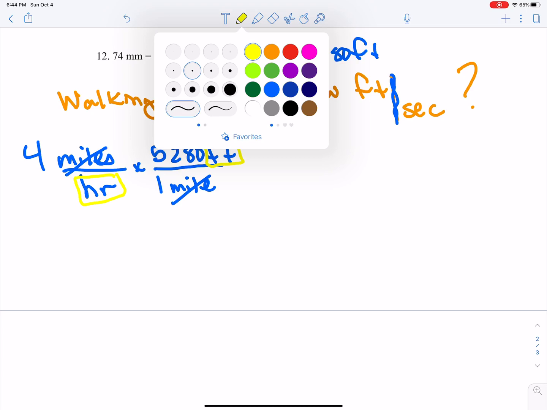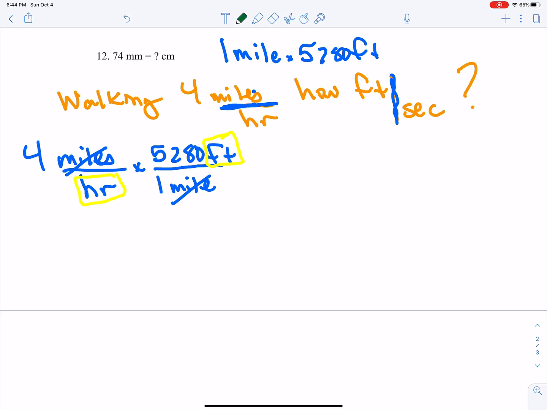So next I have to convert hours to seconds. How do I do that? An hour is down here, so I need to put 1 hour up in the numerator, and I'm going to put 60 minutes in the denominator. So hours cancels out hours, and now I have feet per minute.